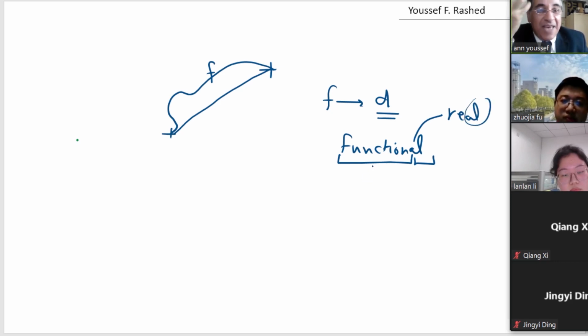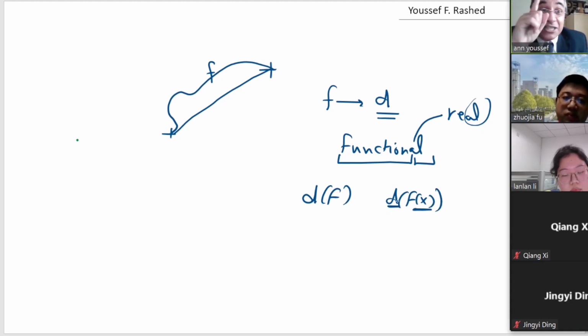So there is a real value associated with each function, and we call it d of f, or actually d of f of x. It is a function of a function, but not a composite function, because a composite function ends up as another function. But here, each function is associated with a real number.